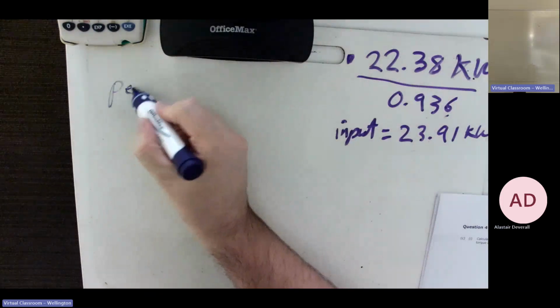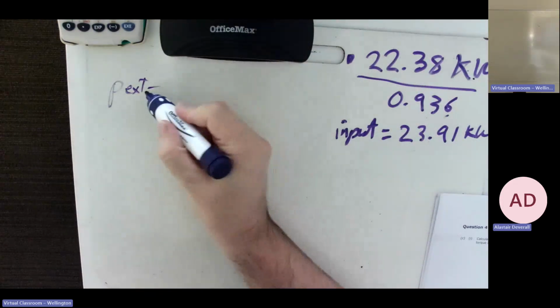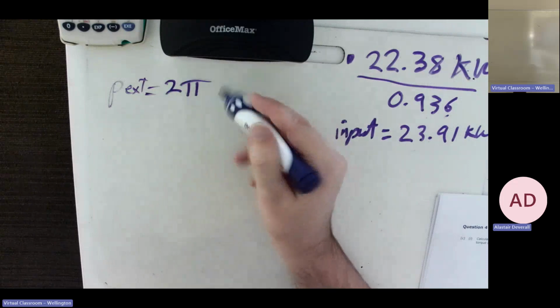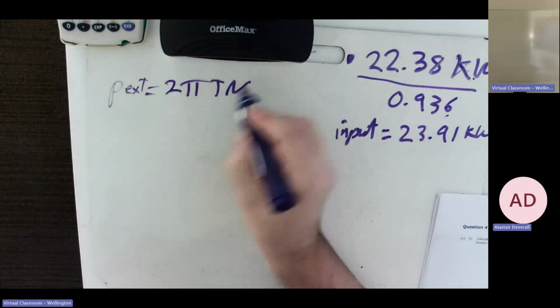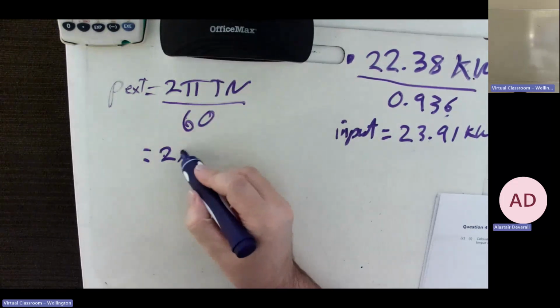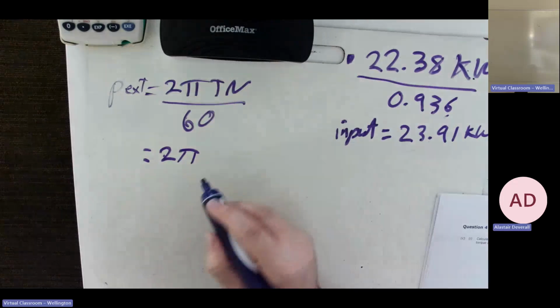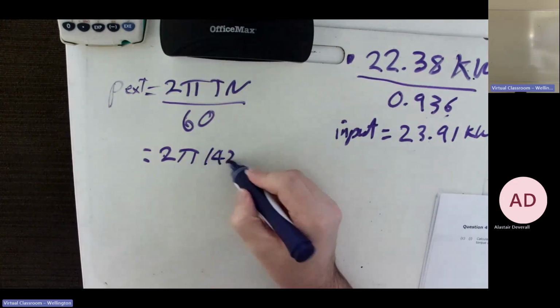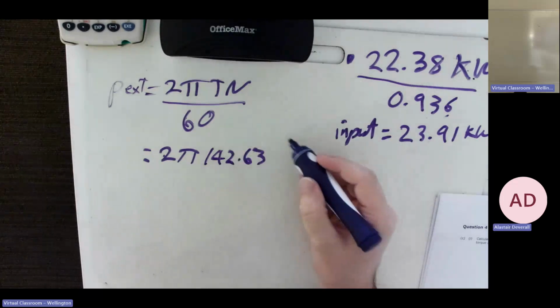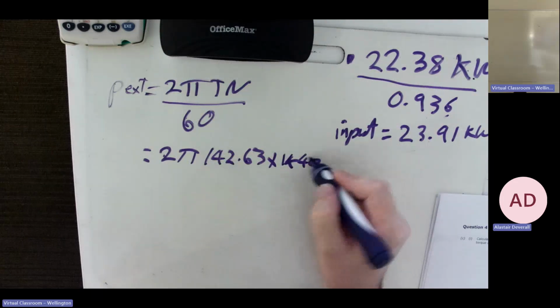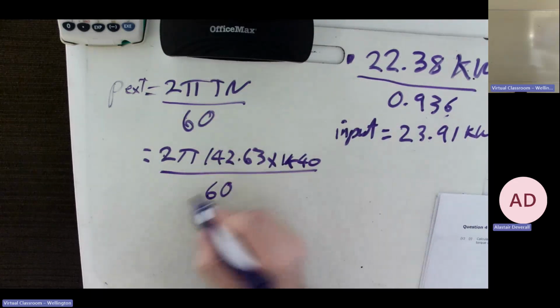So for P external, we have 2 pi T n over 60. T is our torque, so that is our 142.63, times our RPM, which is 1440 over 60.